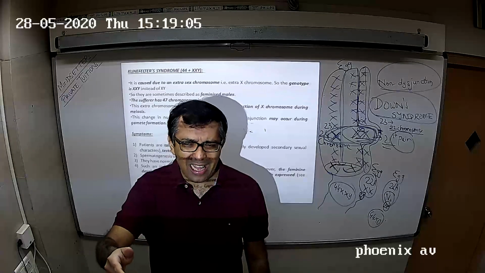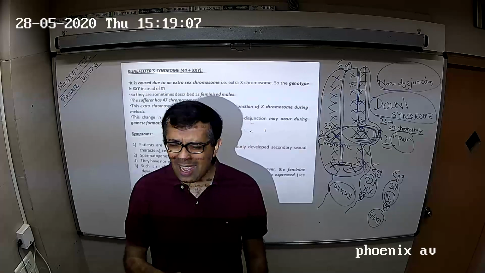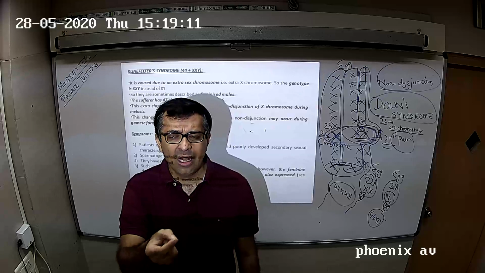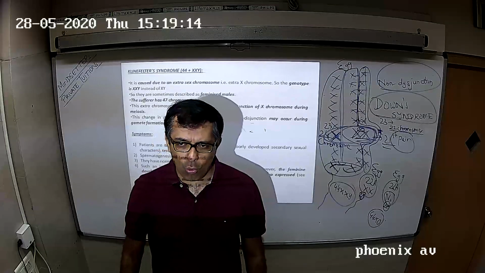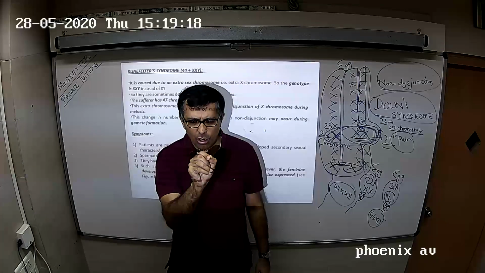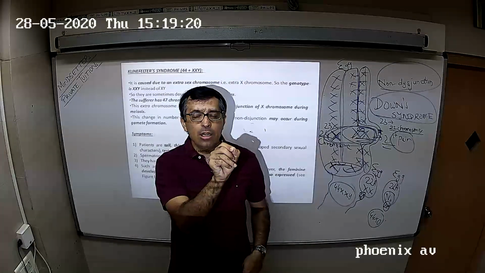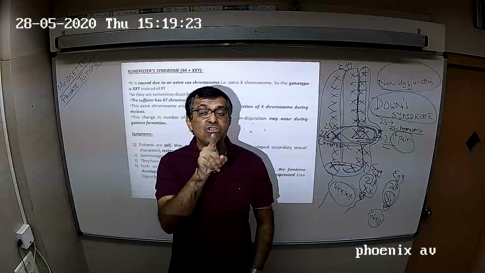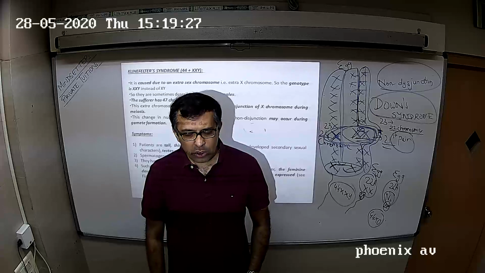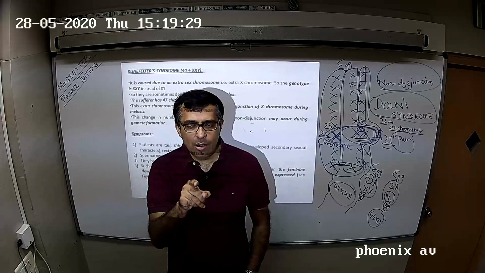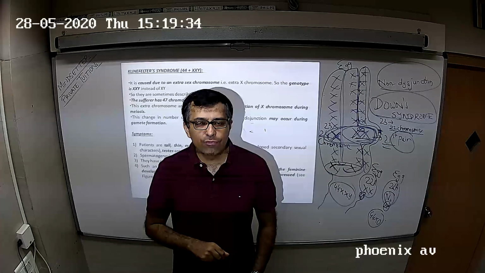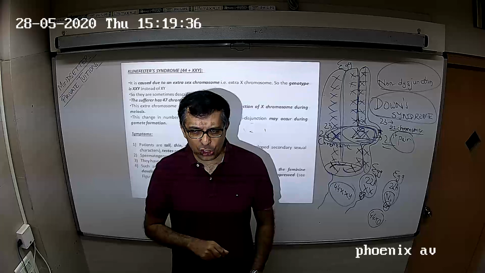We ostracize them, we don't give them a place in society. It's not their fault, it's just a chromosomal disorder, that is Klinefelter syndrome. So, we ended with just a little logic of all the three. Down syndrome is due to an extra 21st chromosome. Turner syndrome is one X chromosome less, which is the 45 XO condition.